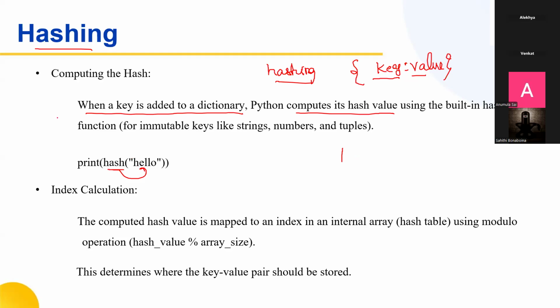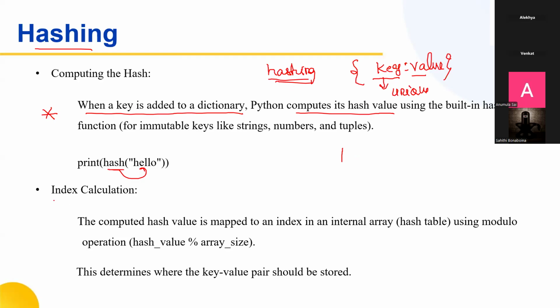Clear for all of you? Now, the first step is we need to compute the hash. You can ask, sir, what is the purpose of computing the hash? Because every key is unique. In order to create unique keys, the Python environment uses a technique called hashing.